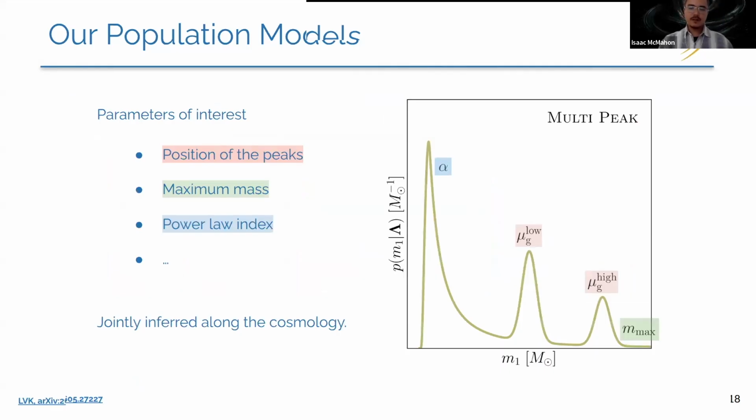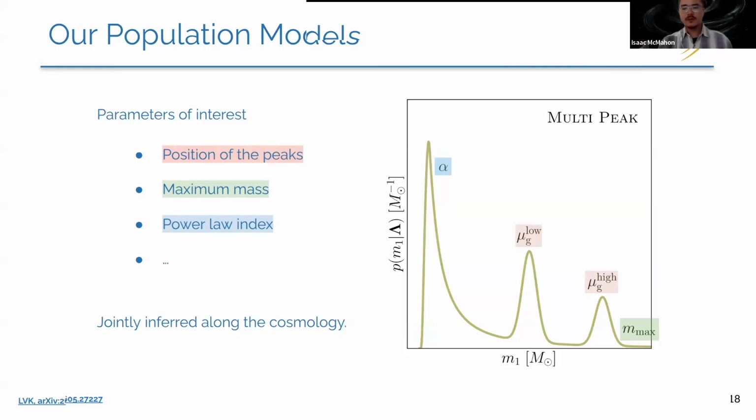Like I was saying, these are parametric models, so they have a lot of parameters. There are some that are more interesting for us because they couple with the cosmology more. For example, the positions of the peaks, which are the red labeled ones here, like the mu low and mu high. These positions strongly couple with cosmological parameters like the Hubble constant.